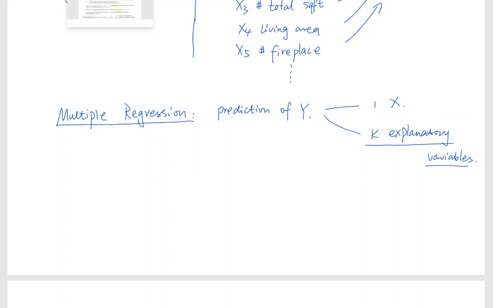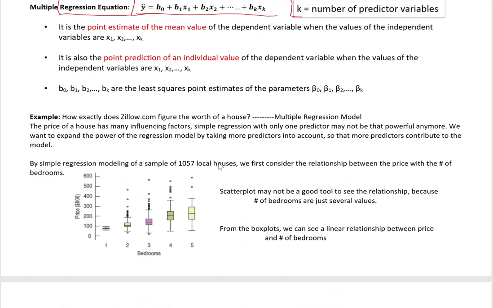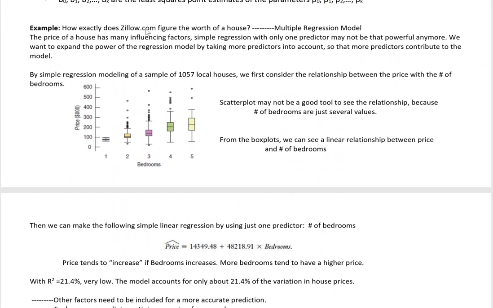Alright, so let's look at an example. We say about the house price, right? How exactly does Zillow.com figure the worth of a house? Actually, what they use is just a multiple regression model.